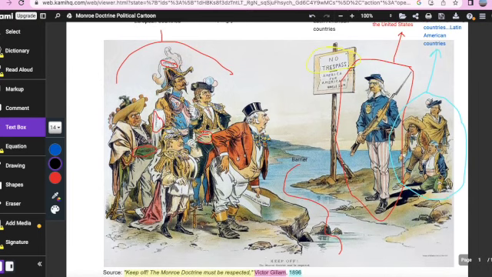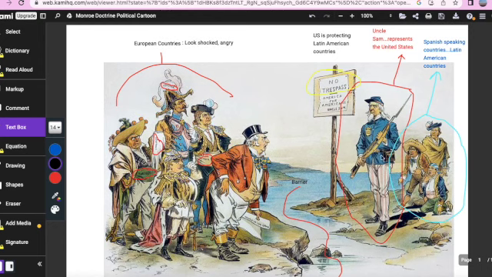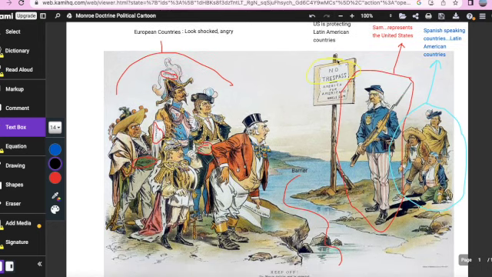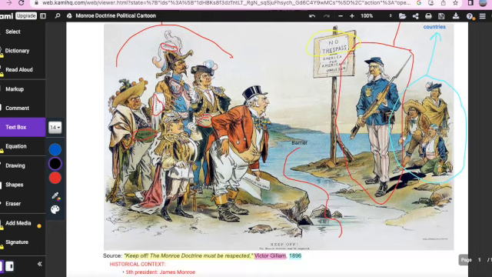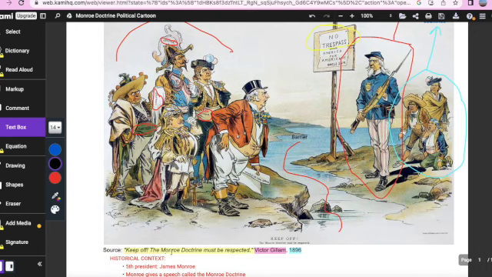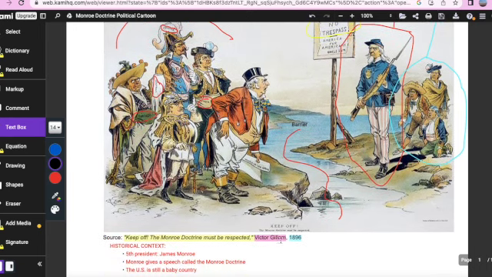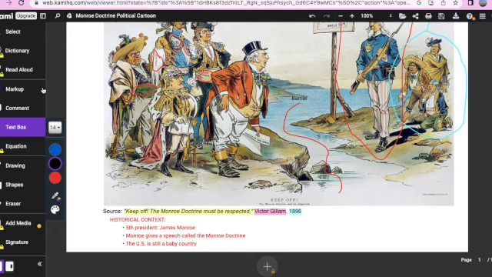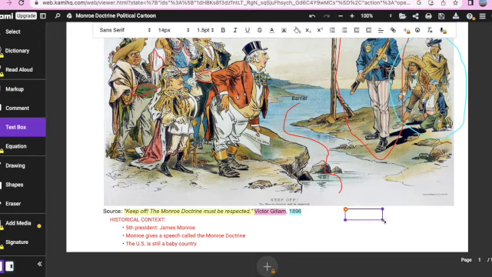So if we put all of this together, we have the U.S. protecting Latin American countries from European countries. We have no trespass up here. We have keep off as the name. It seems whatever the Monroe Doctrine is, right? So even if you don't know what the Monroe Doctrine is, you can put it together based on what we just said.